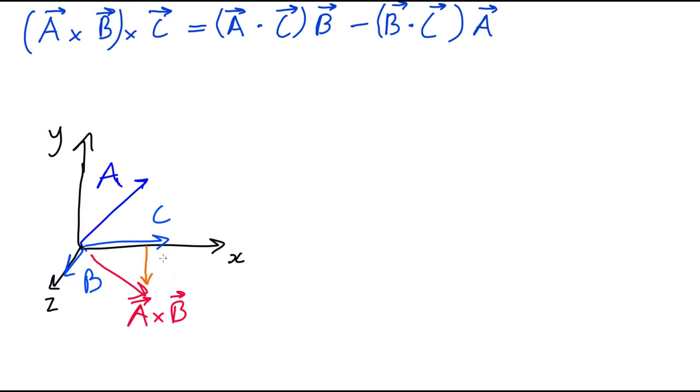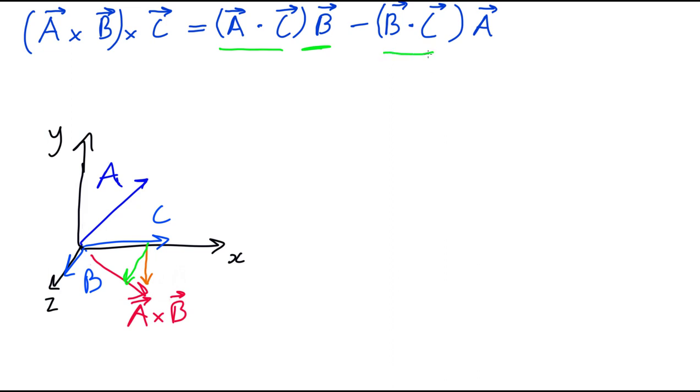So when we take the cross product of this component with c, then if we use our right hand rule here, we're going to have a component coming out towards us in this case. So there will be a component which is in the same direction as b. Now this makes sense, because if we have a look at our equation here, a dot c is no longer 0. So that means that we should end up with some component in the b direction.